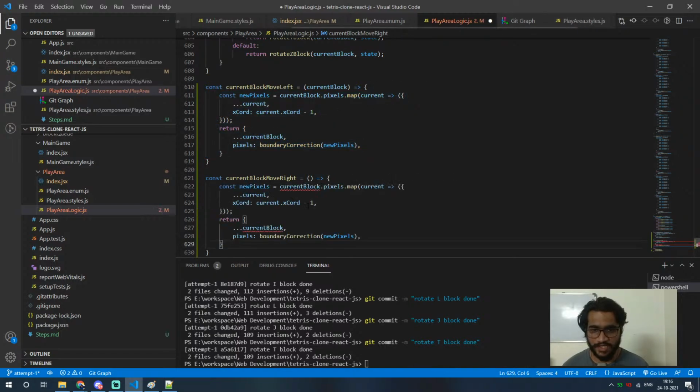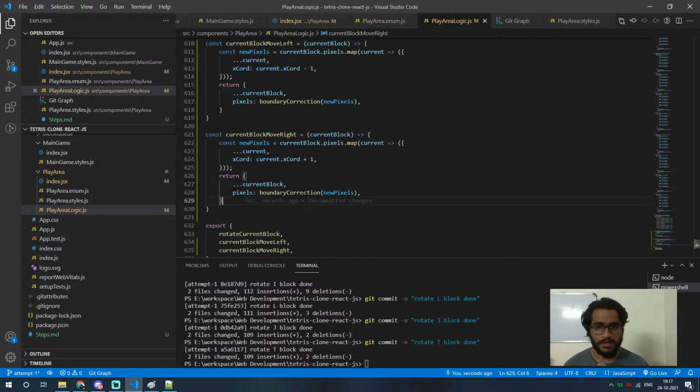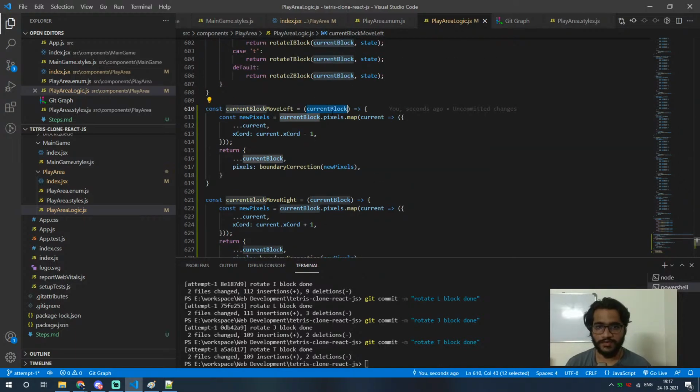Same goes for moving right, just plus 1. The logic is, it would take the current block, get the pixels from that current block, go through each pixel, and subtract 1 from the x coordinate for each.